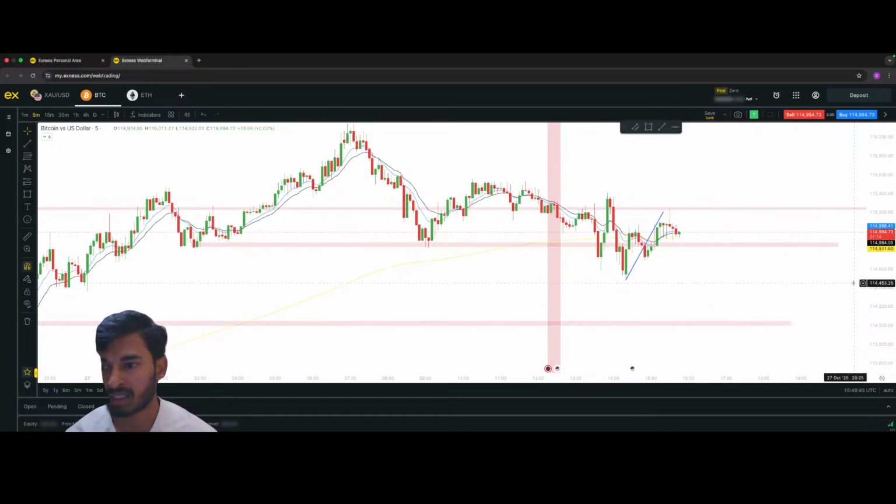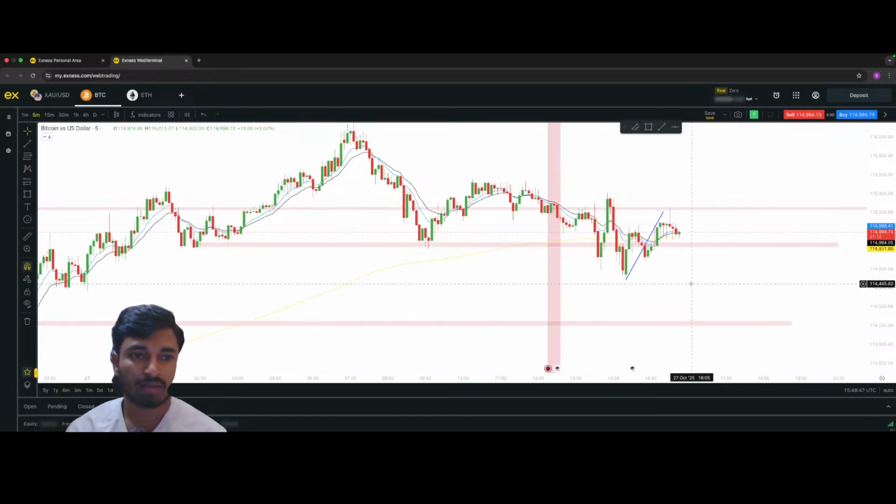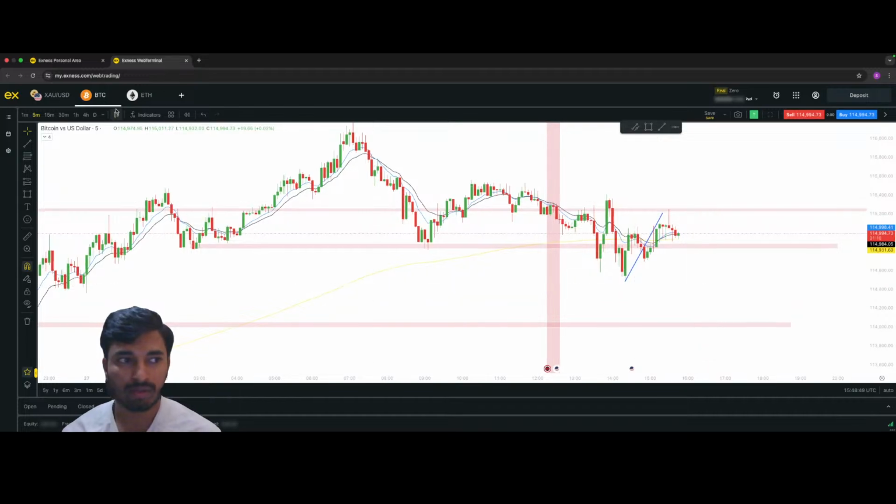Okay, let's start. I use these three indicators: EMA 9, you are seeing it on the top left corner, 9 EMA, 15 EMA, and 200 EMA.